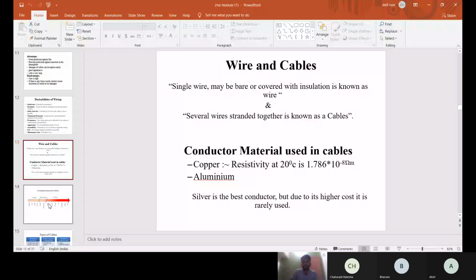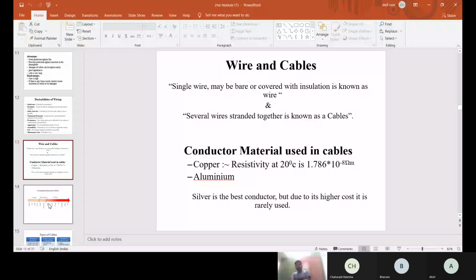One thing you can remember is that gold is a very good conducting material, but we can't use gold for our wiring purposes. But you can see a small amount of gold as a conducting material in our PCBs, that is printed circuit boards. In computer printed circuit boards, in LED TV printed circuit boards, or in mobile printed circuit boards, we can see a small amount of gold used as a conducting material.